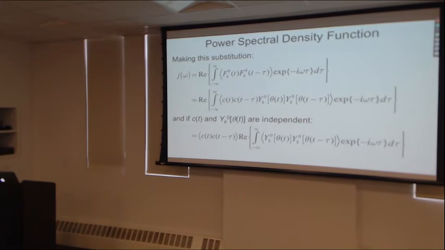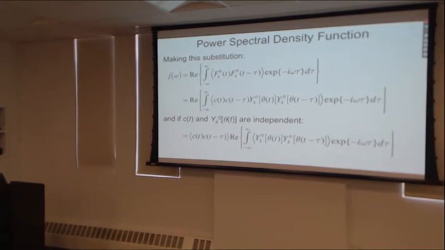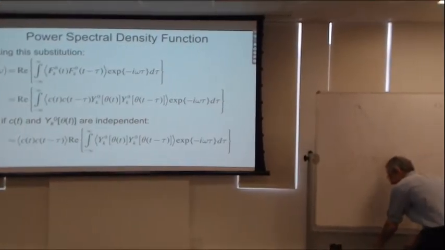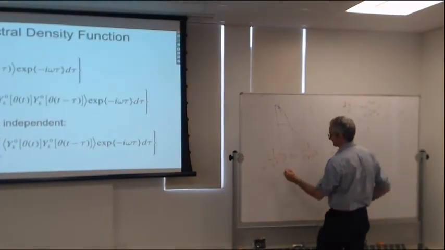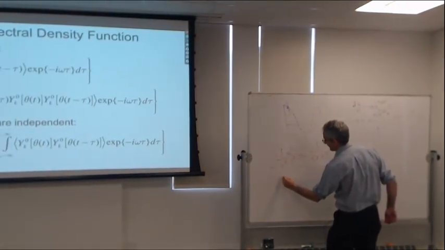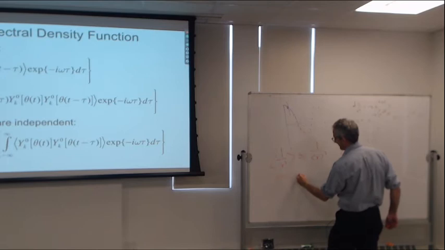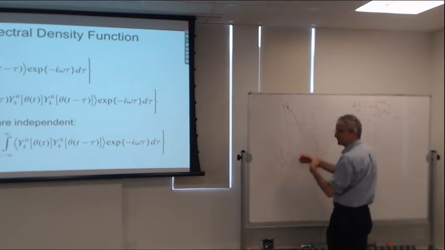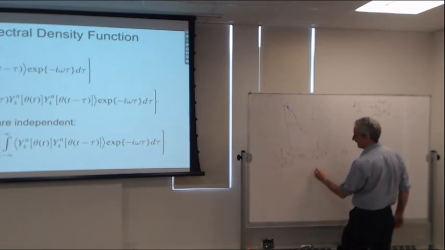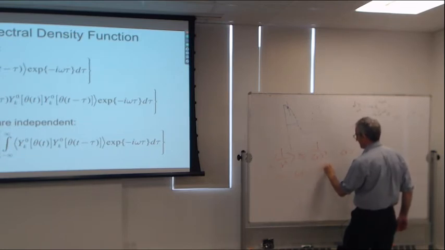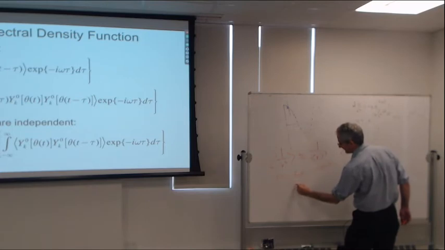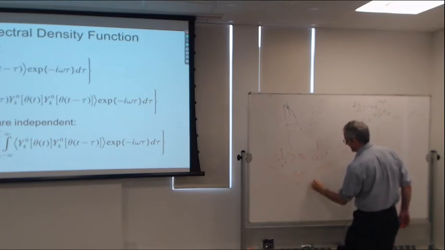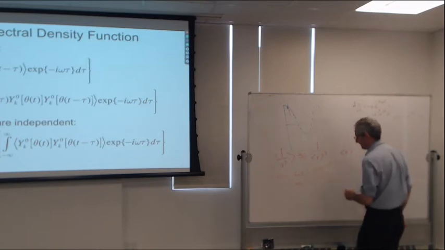So here, if C of tau is fast compared to tumbling, we end up then with the average of C of tau, squared, and if it's slow, we end up with the average of the square of C of tau.